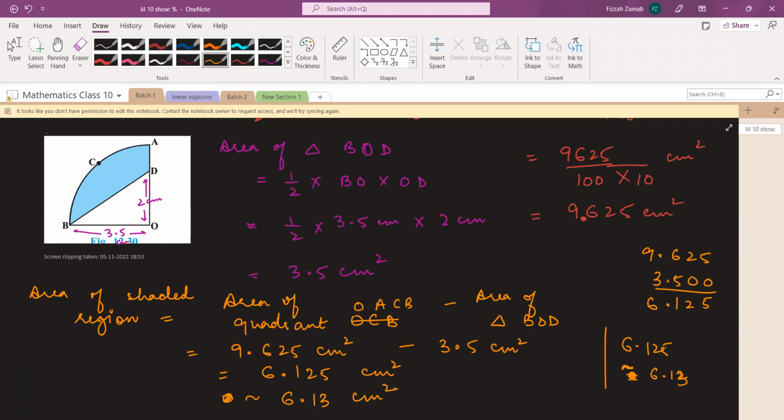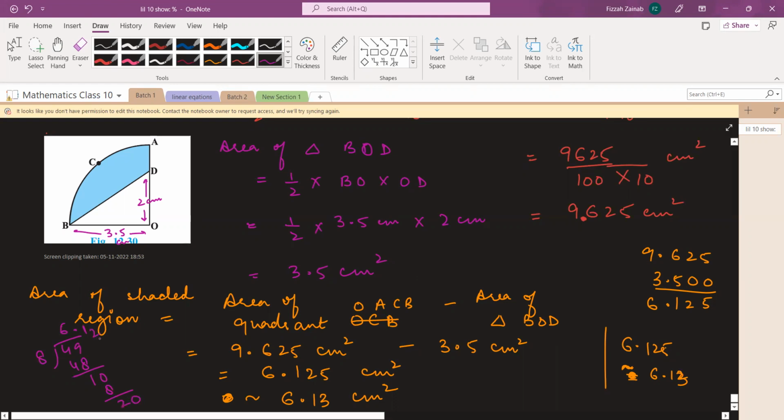So I think 49 by 8 is the answer in NCERT. If you convert that into decimal, let us see. 49 divided by 8. 8 into 6 is 48, right? So I get 1, then I put a 0. So 8 into 1 is 8. Then I get 2.